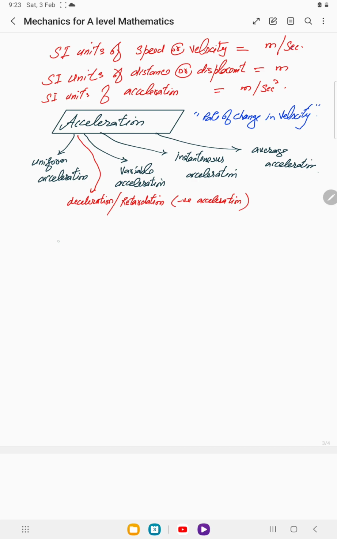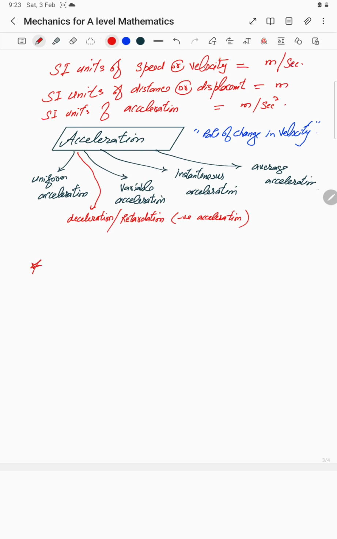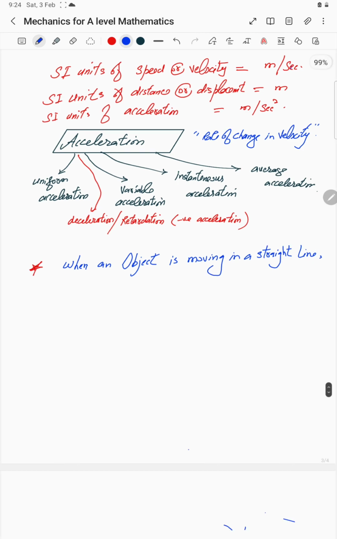So guys, here you need to keep one thing in mind: when an object is moving in a straight line, it can move with constant acceleration, or it can move with variable acceleration.